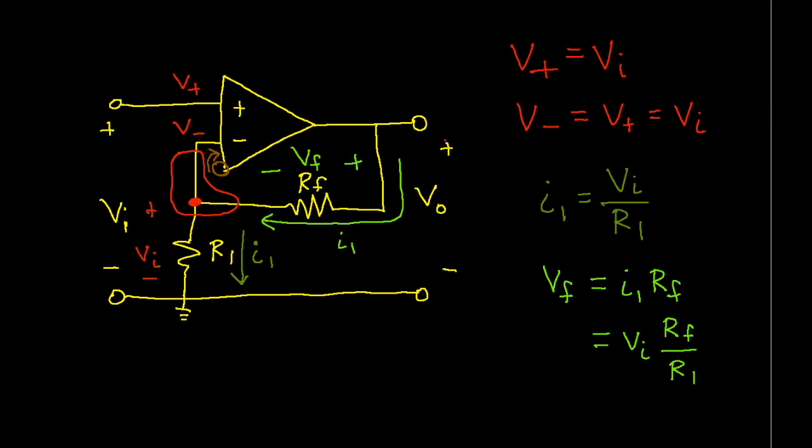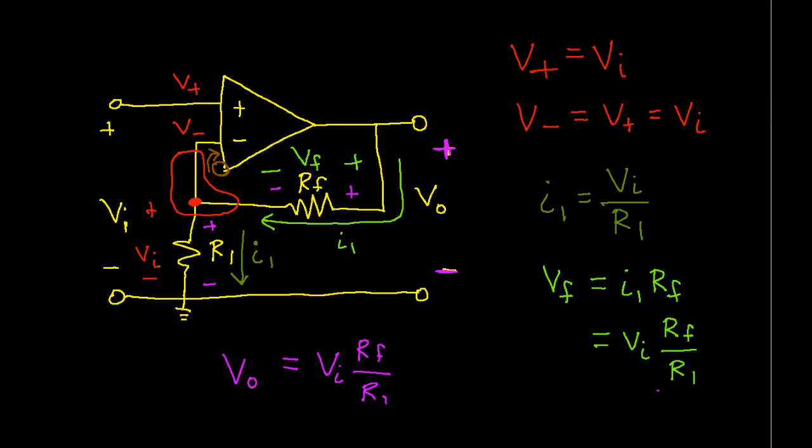The voltage across the output now, this V0, if you look at the way V0 is set up, it's the voltage across RF plus the voltage across R1. We know that the voltage across RF is VI times RF over R1.